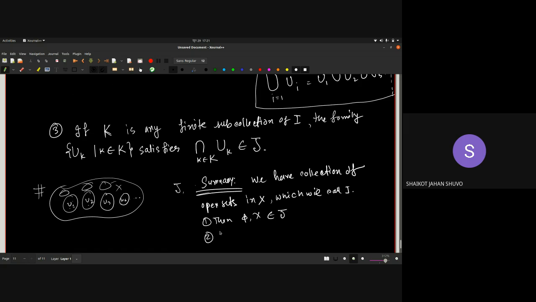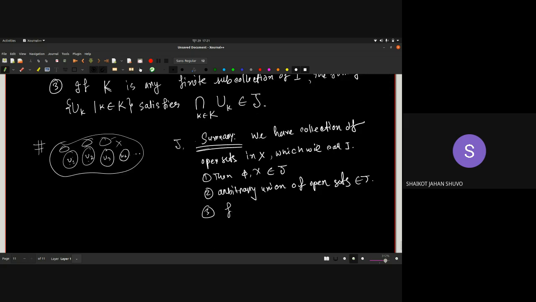Second condition is that arbitrary union of open sets, which are subsets of X, also has to belong to tau. And then finite intersections of open sets also have to belong to tau.